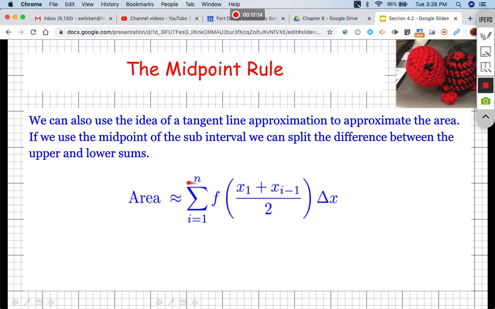So we find the area. It's an approximation, a better approximation than finding the lower limit or the upper limit. We find this middle point, so we just take the average of the two x_i ends and evaluate the function at that point times your delta x.